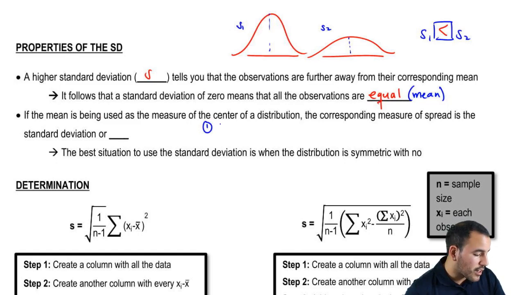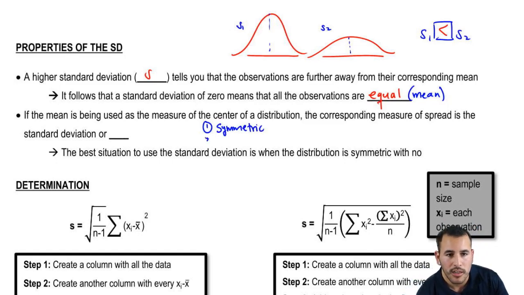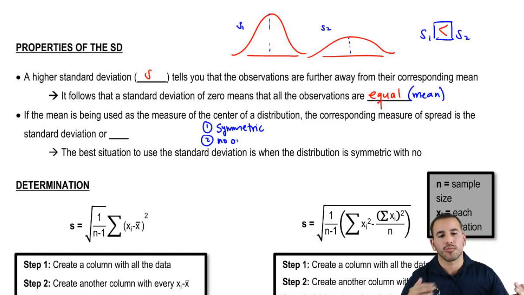So the data first off has to be symmetric. And then second, what happens to the mean in particular that doesn't happen to the median? So the mean, if there are outliers, it gets pulled by it, right? So ideally use the mean when there aren't any outliers so that it's not just pulled towards one end or the other.